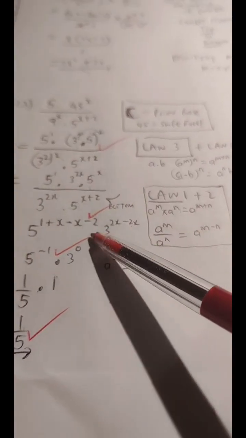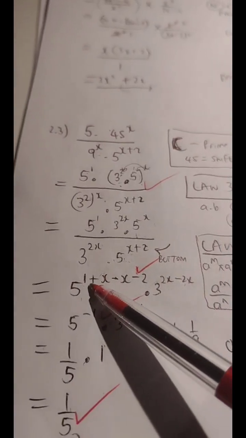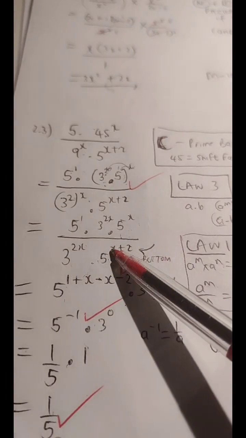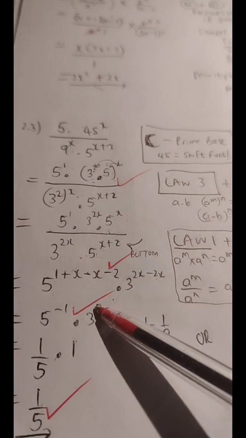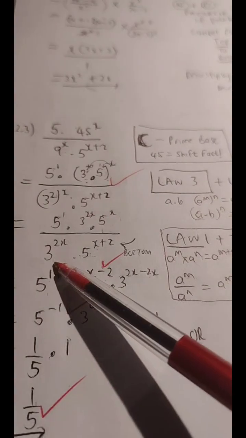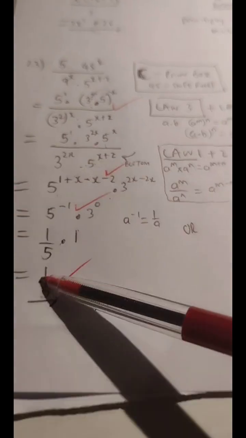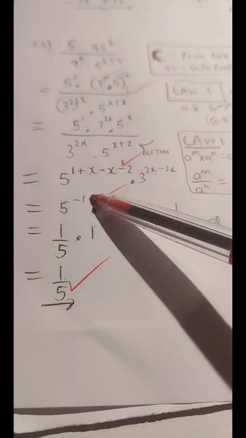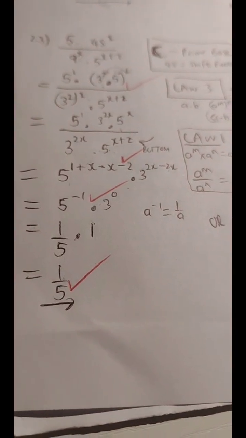Okay, so that was 1 plus x, top exponents in the numerator, negative x minus 2, bottom exponents in the denominator. The sign changes. 3 to the power 2x over minus 2x gives you 3 to the power 0, 5 to the power negative 1 is 1 over 5. And the answer is 1 over 5, because a base raised to a negative exponent, we can't leave like that.